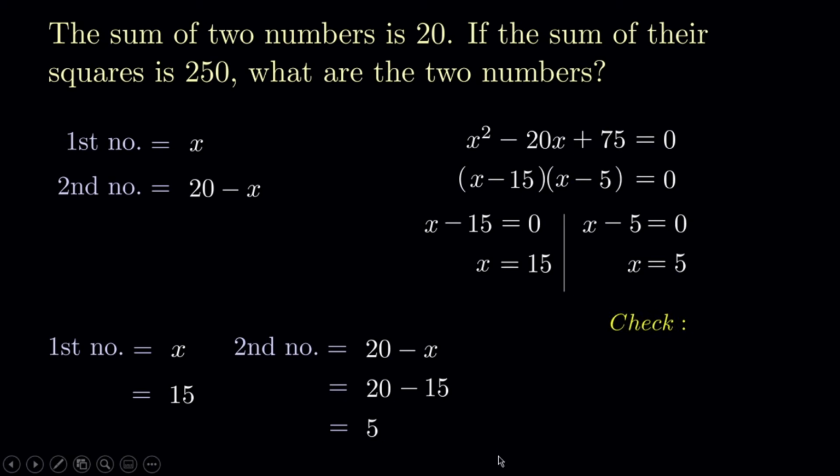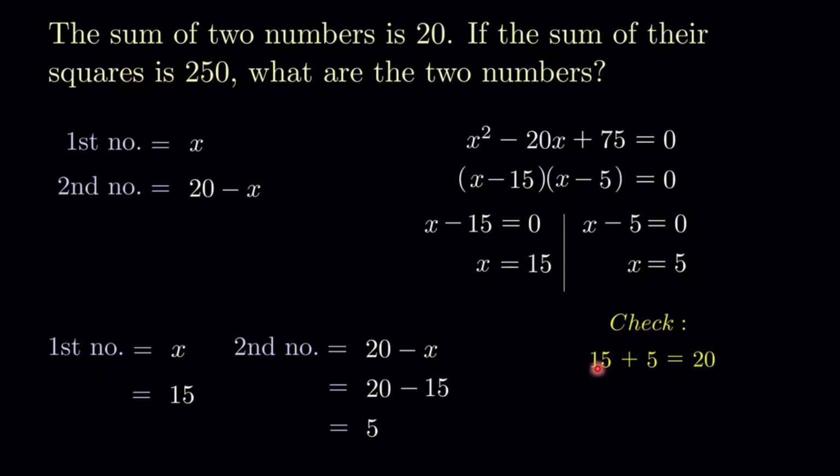So, according to the problem, the sum of the two numbers is 20. So 15, the first number, plus 5, the second number, is equal to 20. Okay, so nasatisfy yung unang statement. And then, sabi rin dito, yung sum ng squares ng dalawang numbers ay 250.